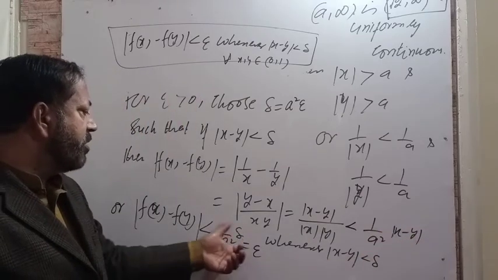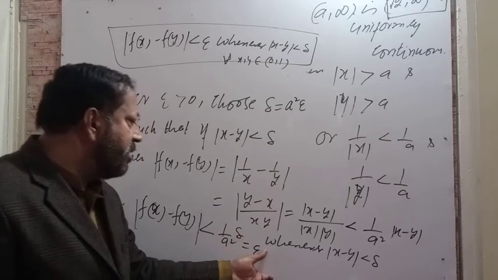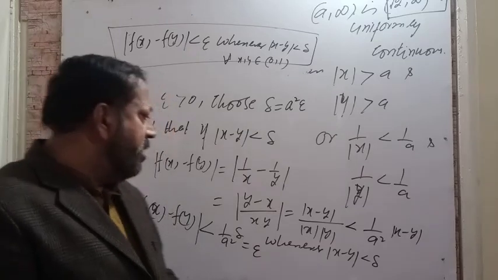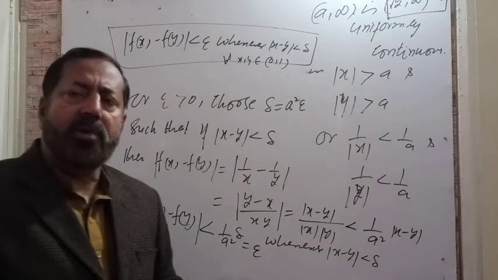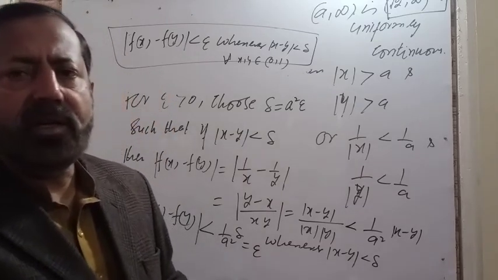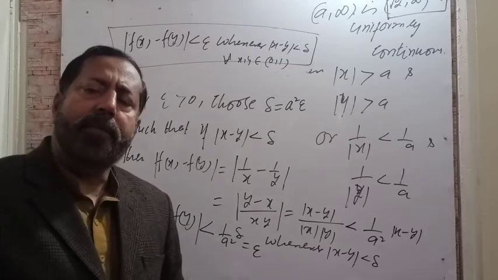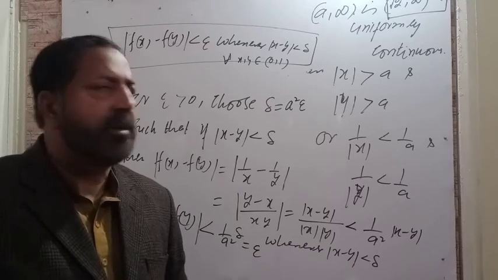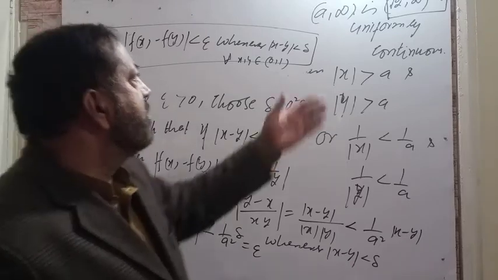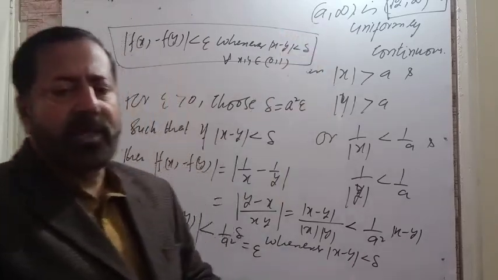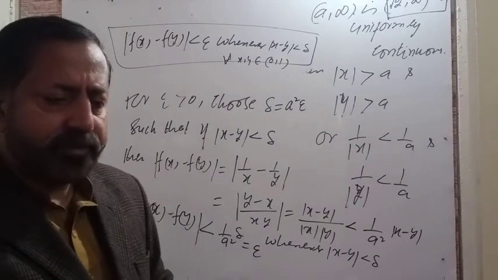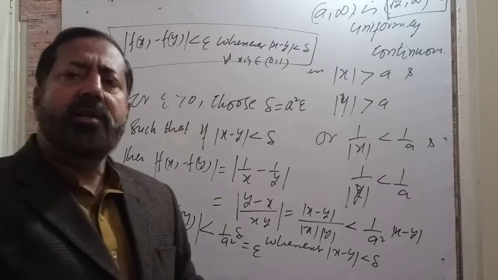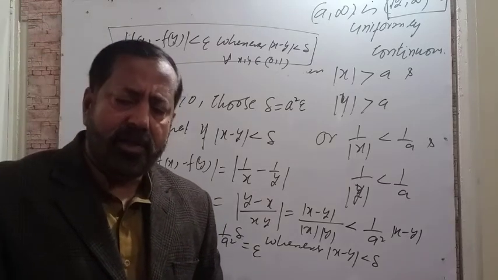So if I choose delta/a² equal to epsilon, then my condition of uniform continuity would be satisfied, where delta does not depend upon any value y. So for any arbitrary point of this interval, rather we are using a, you can say that in general this function is uniformly continuous.